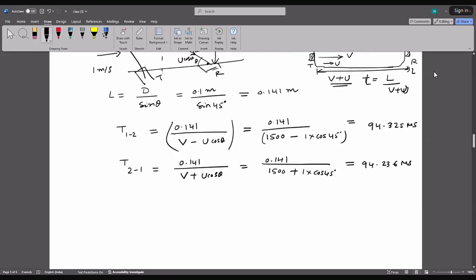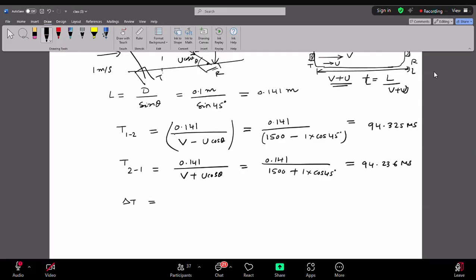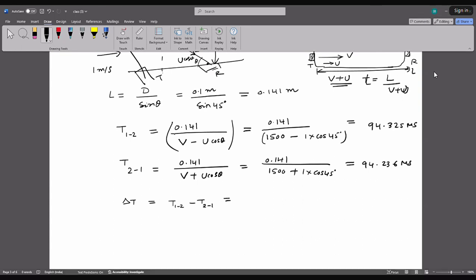Now, if I want to know the time difference, delta t, it is T12 minus T21. That will give me something like 0.089 microsecond, so this is something like 89 nanoseconds.